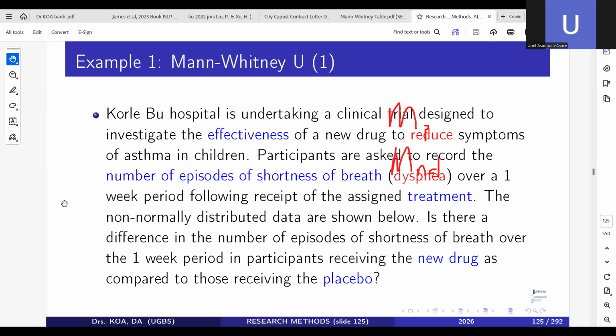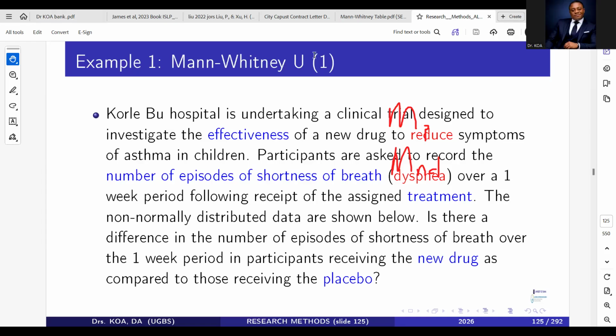Which word in the story is guiding your thought? Is there a difference? Very good. Is there a difference? Excellent. 2 marks. That is how you formulate the null and alternative hypothesis. And if you are here and you don't understand, raise your hand. We'll help you. Fantastic. You'll get it.